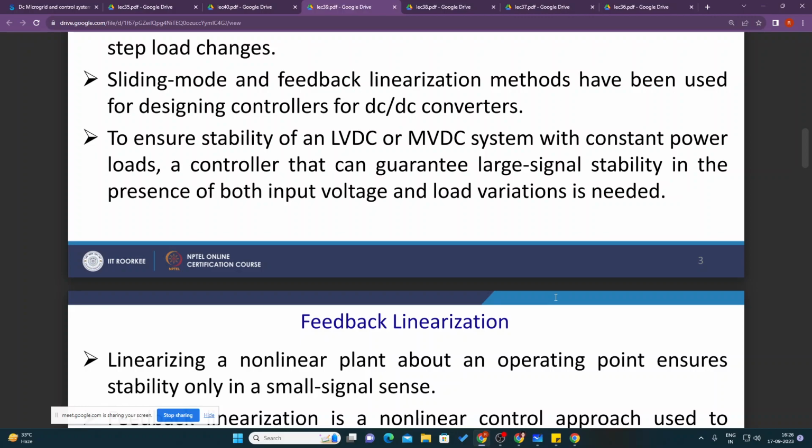I'm not seeing any application-oriented work. Microgrids are not coming up properly, and there are several reasons.